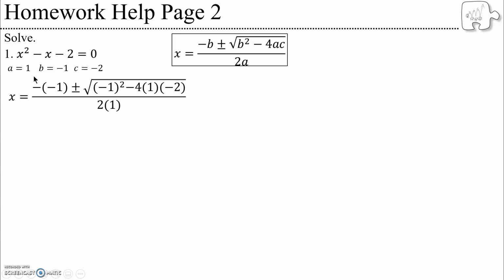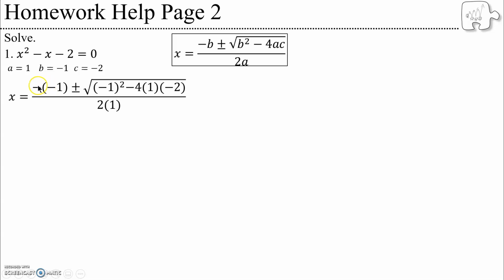So things to remember about the quadratic equation is that the only two numbers in it are this 4 and the 2. They're always there. That's why they're not in parentheses. And if you're substituting in, it's always good to put it in parentheses, right? Because you have this opposite of a number here.